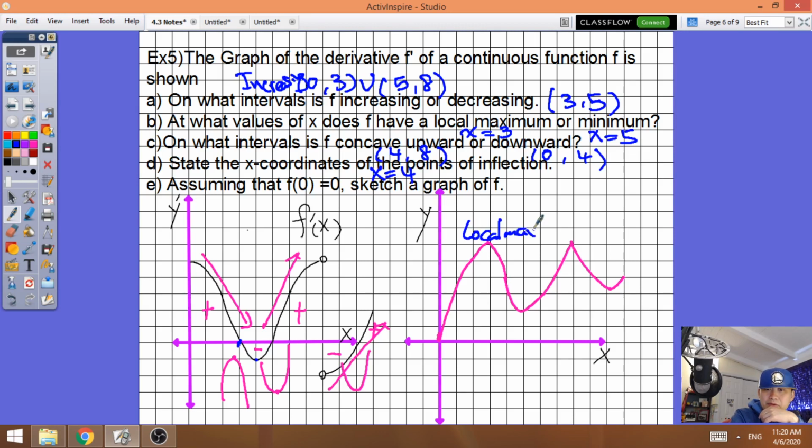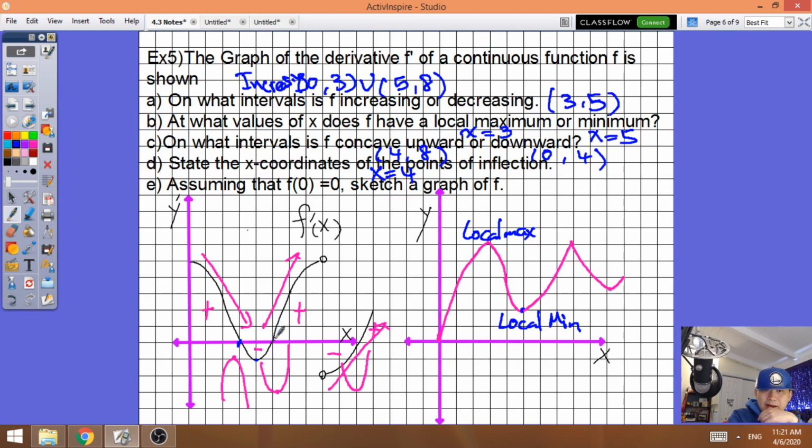We just follow through what we found from the previous parts A, B, C, and D. Then down here at 5, we do have a local min. Now let's see what else we have for the rest of this.